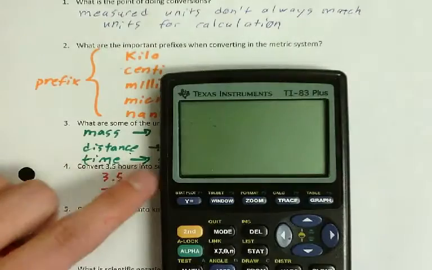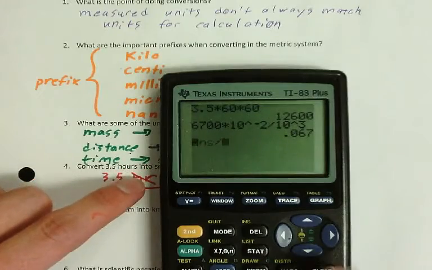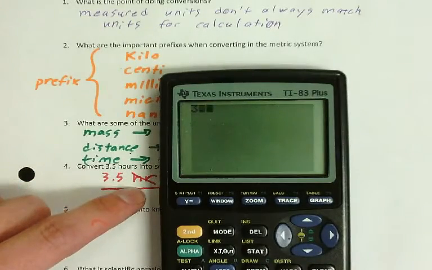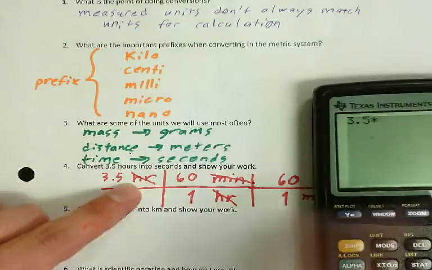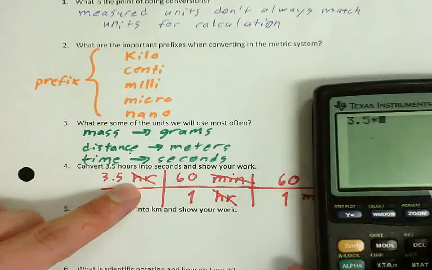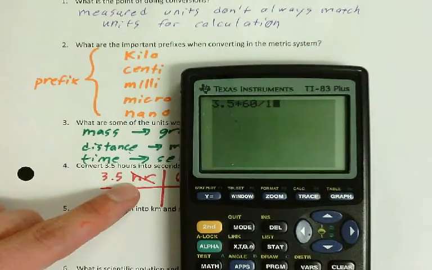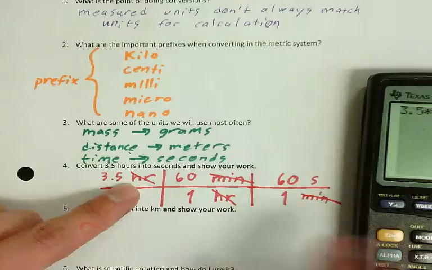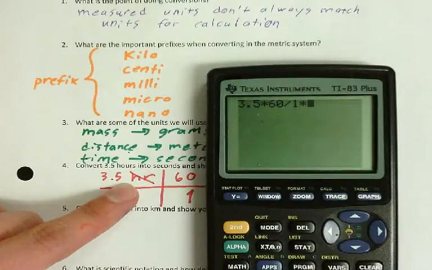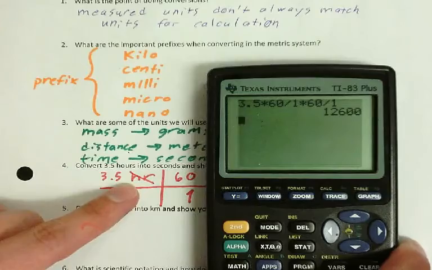So, 3.5 times 60 divided by 1, times 60 divided by 1, I get 12,600.